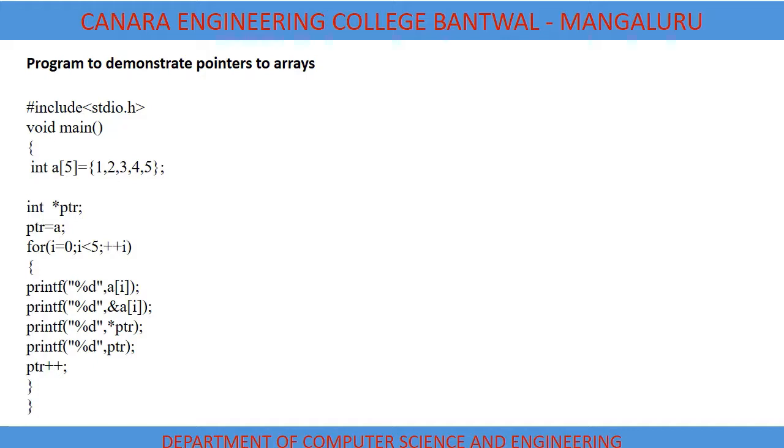We can see in the output how the data is printed, and that the content is almost the same from the pointer variable as well as the array content. So this way we can use a pointer to an array.